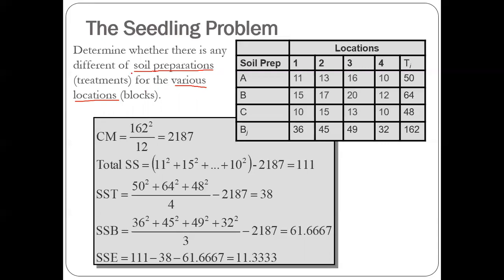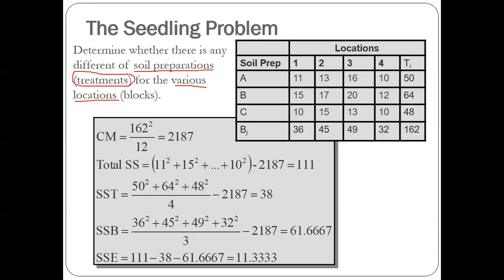So soil preparation is the treatment. In one-way ANOVA, the question would stop at determining whether there is any difference of soil preparations, which refers to treatments only.